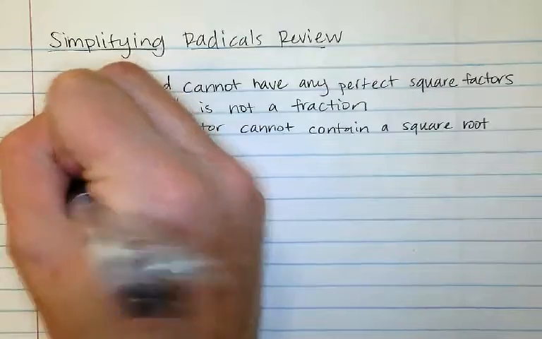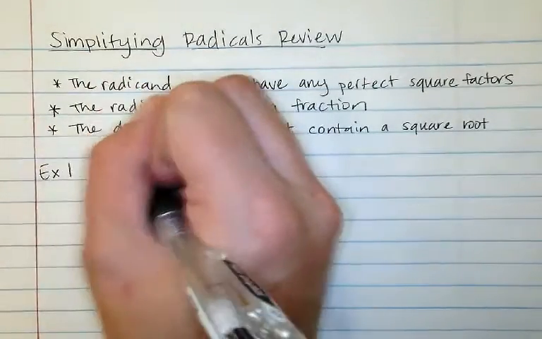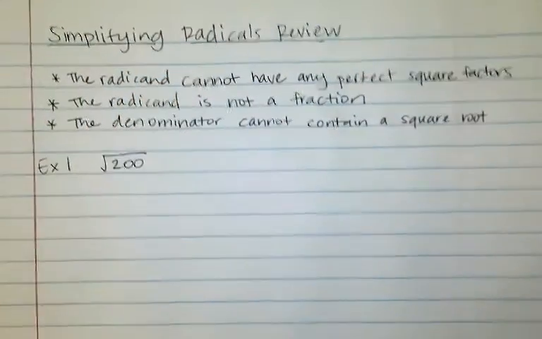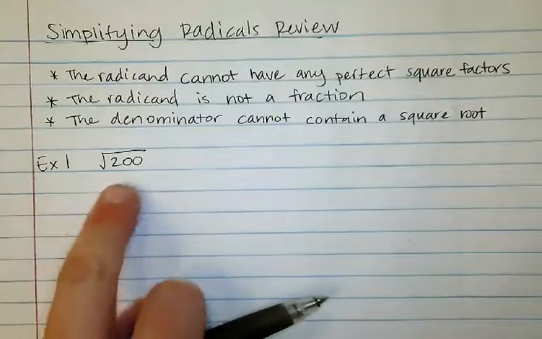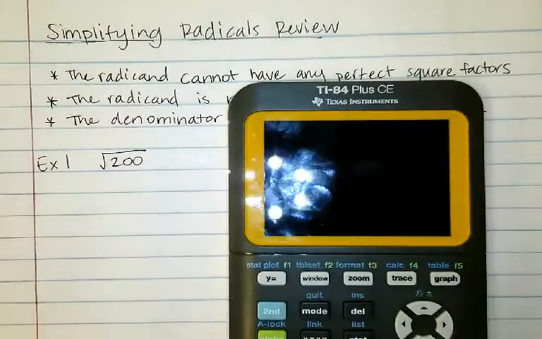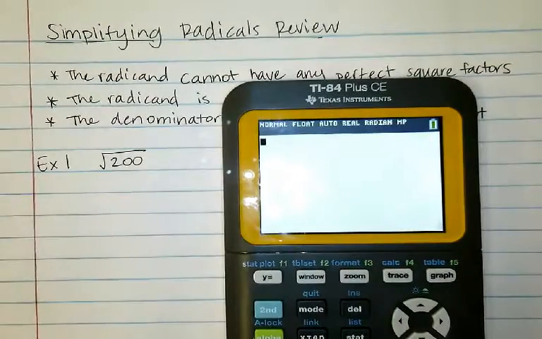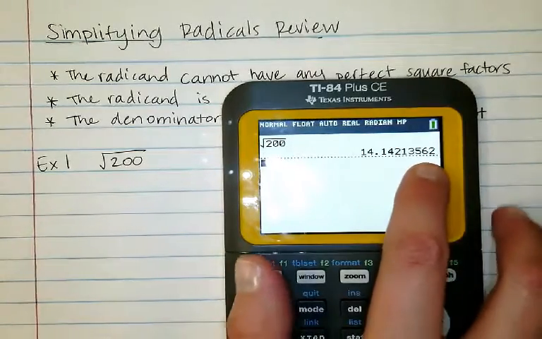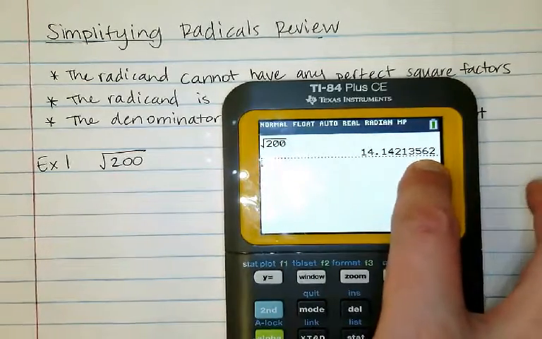So let's look at example 1. We are going to take the square root of 200. Is this a perfect square? Let's check it out. No, it's not. It's a very ugly, irrational number.